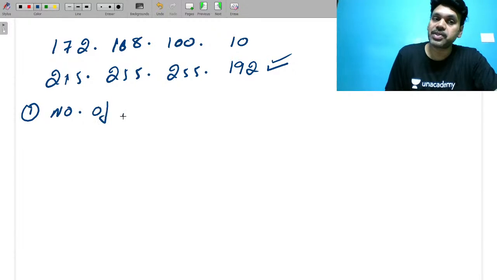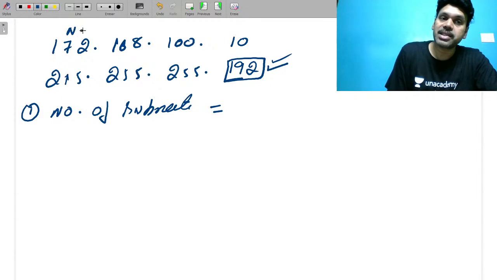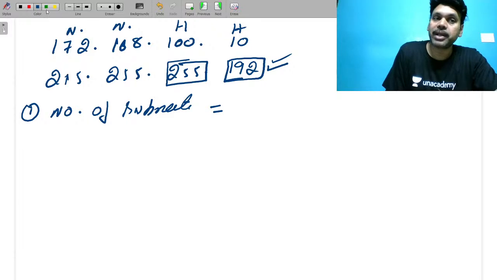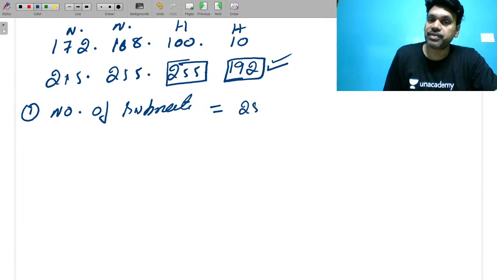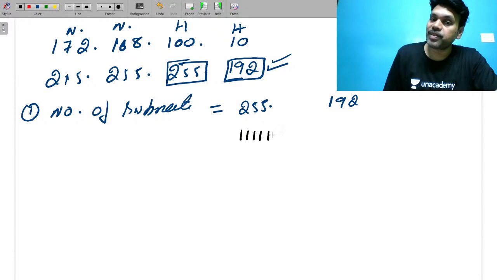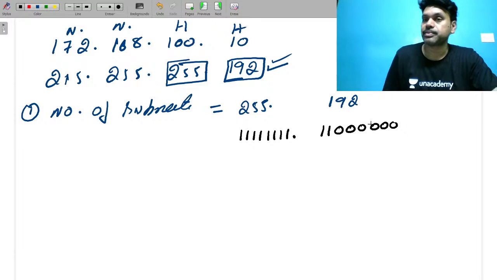These are standard questions. First, number of subnets. Write the mask into binary, as this is class B, double N double H. 255 in binary is 1 2 3 4 5 6 7 8, all ones. 192 in binary is double 1 and 6 zeros.